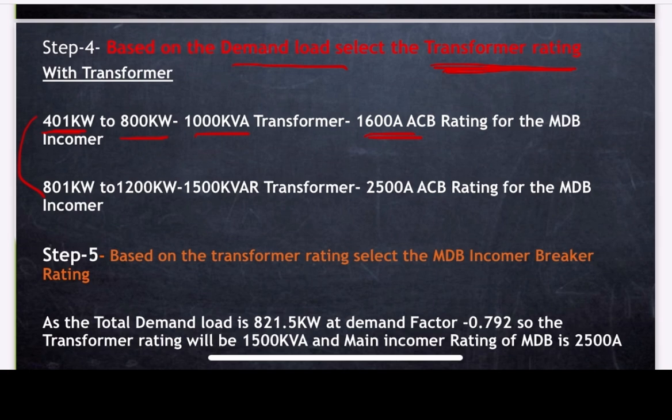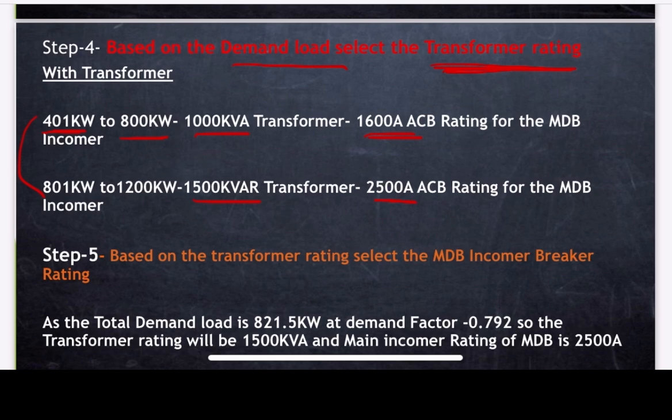When the load on the MDB is 801 kilowatt to 1200 kilowatt, then the transformer rating will be 1500 kVA and the air circuit breaker rating will be 2500 ampere.